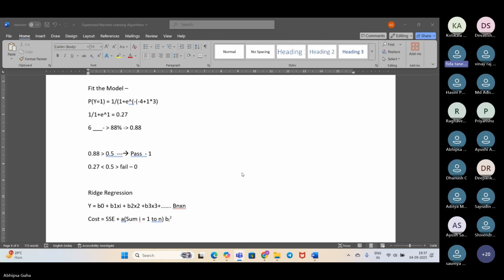It's a type of linear regression with L2 regularization. It is used to prevent overfitting when the model is too complex or bulky. And it adds a penalty term to the cost function. Exactly, right.